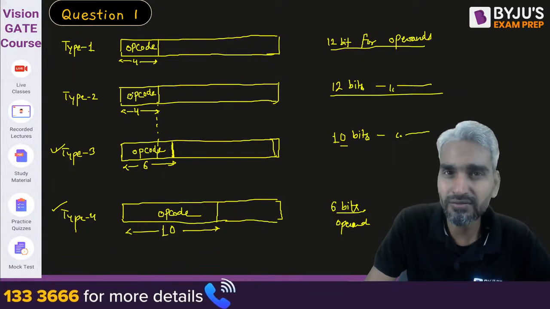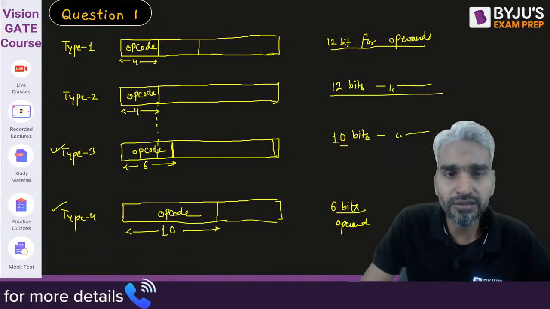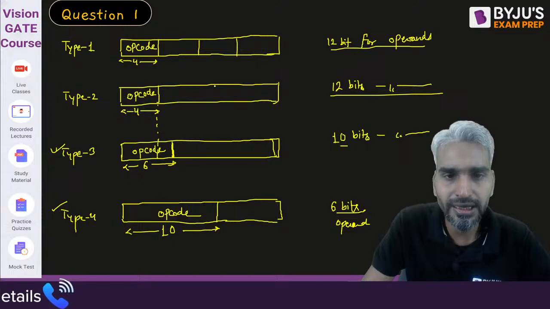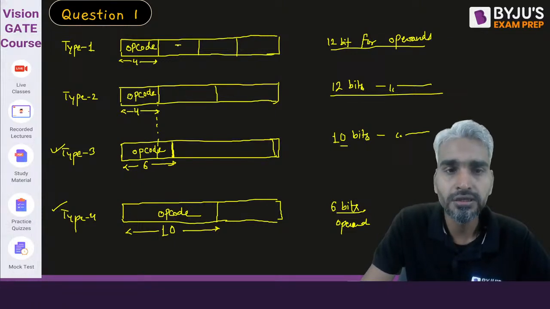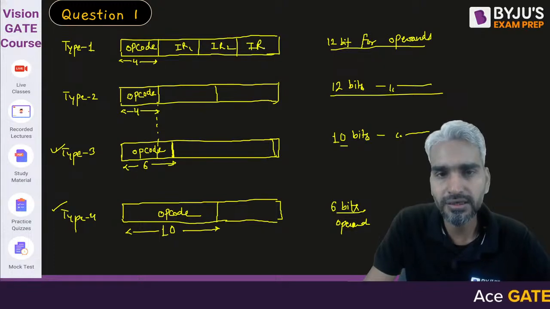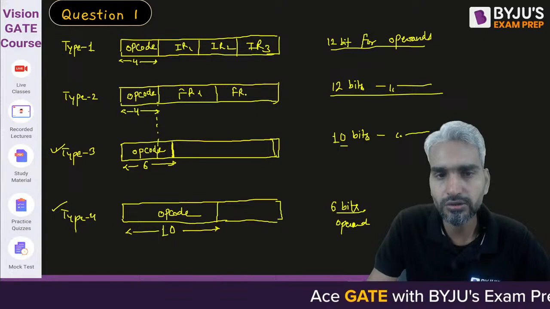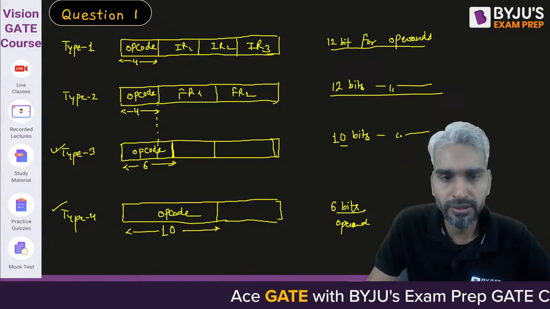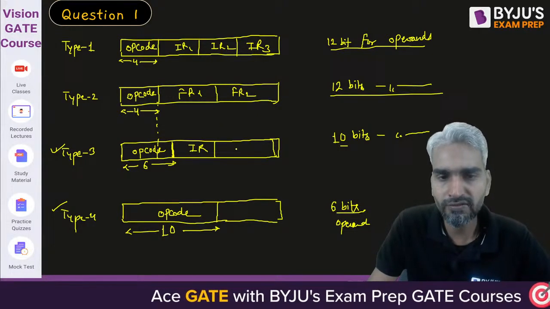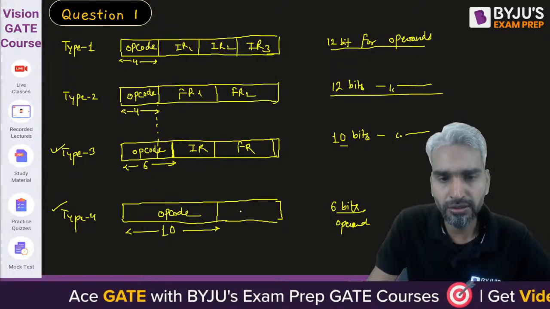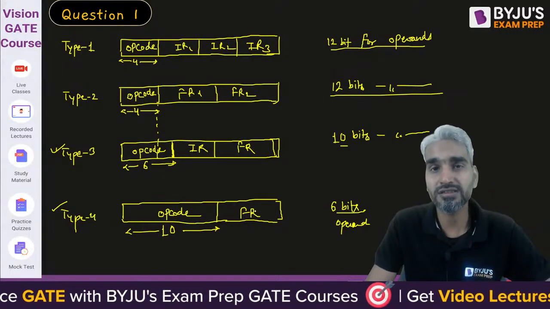So you can choose either type 1 or type 2. Now in type 1 there are 3 integer registers. In type 2 there are 2 floating point registers. So integer register 1, integer register 2, integer register 3. It's the basic format. Floating point register 1, floating point register 2. In this particular case, there will be one integer register, one floating point register. In this particular case, there will be only one floating point register, right?